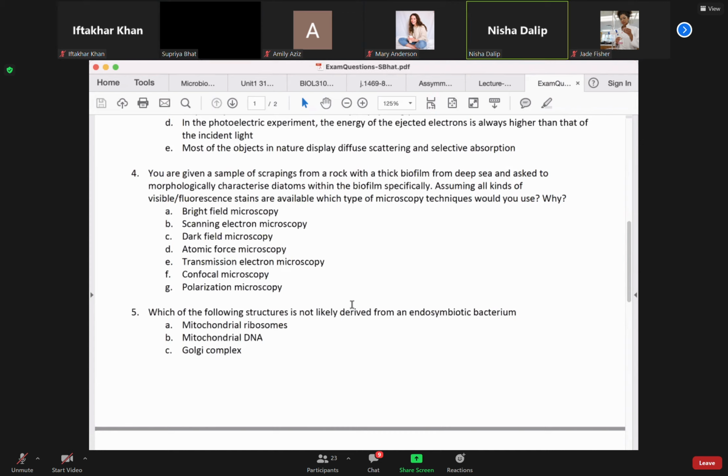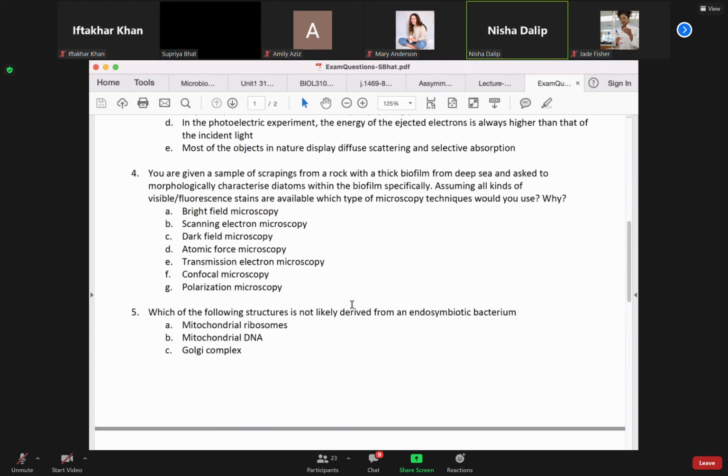But in my notes, from when you were teaching this, I have written it down. You said specifically that for biofilms, to see their characteristics and their morphological things, we would use TEM. That's why I think most students chose those answers, because when you teach the lectures, you say things generally, but then when you ask questions in the midterm, they were very specific.